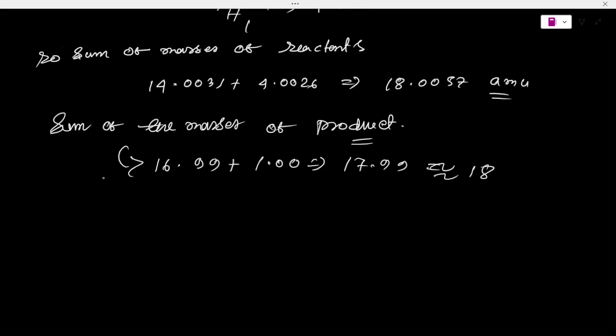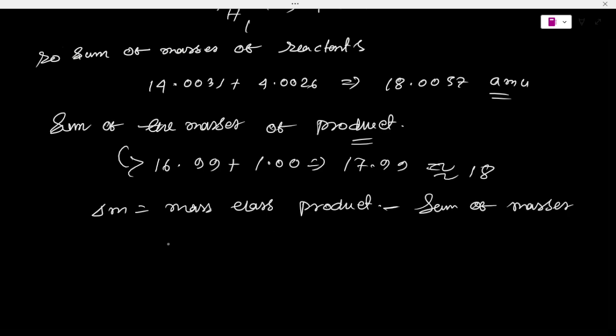Therefore del m is equal to the mass of products minus the sum of the masses of reactants.